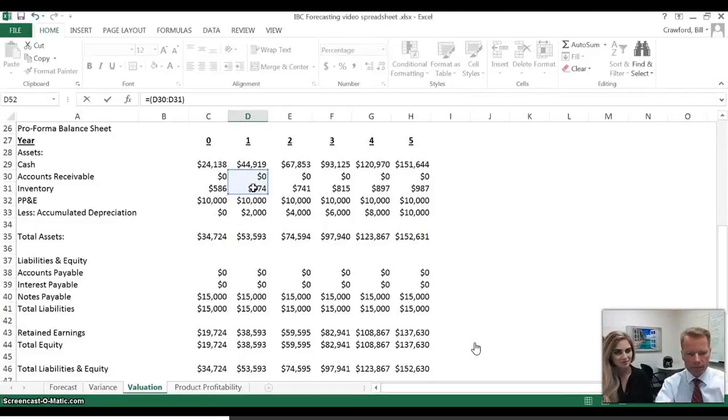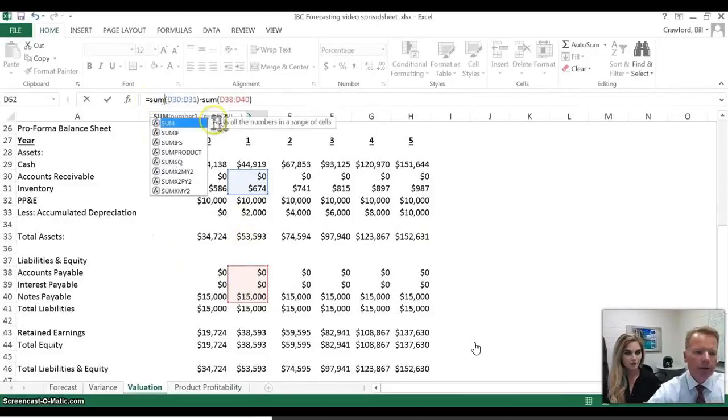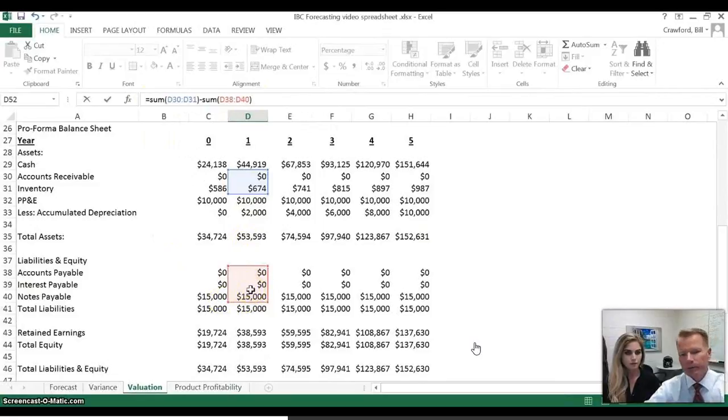All right. And then we go minus our current liabilities. So let's add up the current liabilities. That would be accounts payable, interest payable, and note payable. We need to do the sum. Notice that we have a note payable but no interest payable, right?